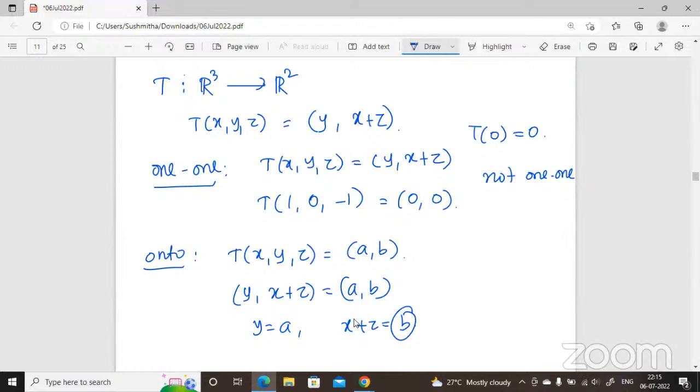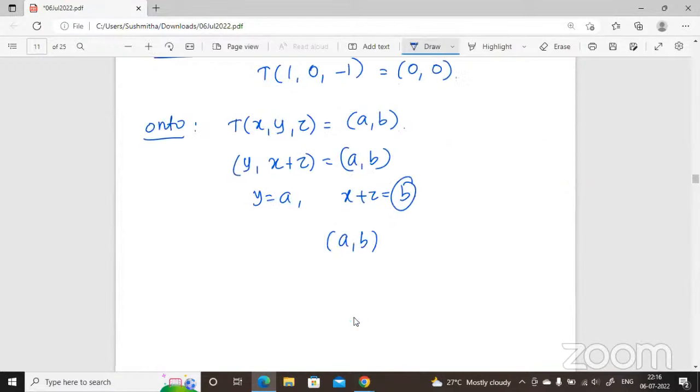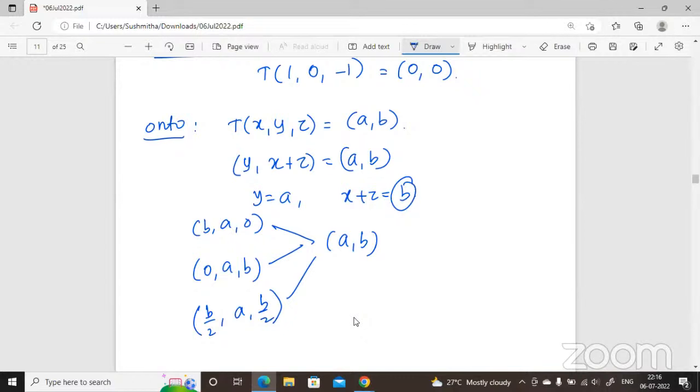So in fact, (a, b) has at least two pre-images: (b, a, 0) and (0, a, b). I can give one more pre-image, (b/2, a, b/2). All these are going to go to (a, b), right?